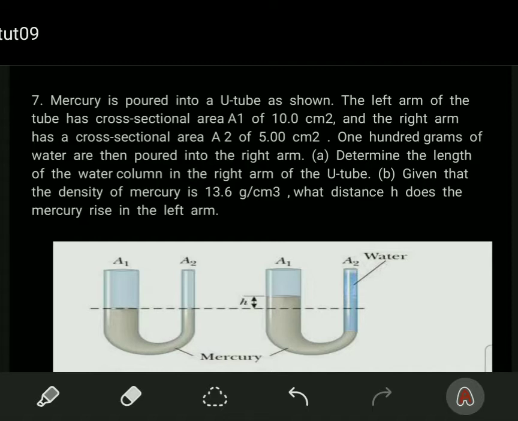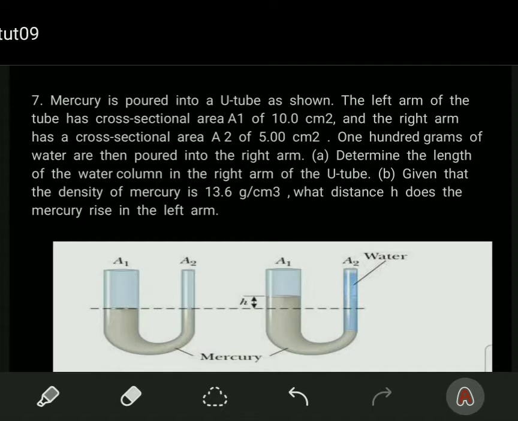So now on the right-hand side of this U-tube, we are going to pour some water into the right arm of the tube. We want to determine the length of this water.